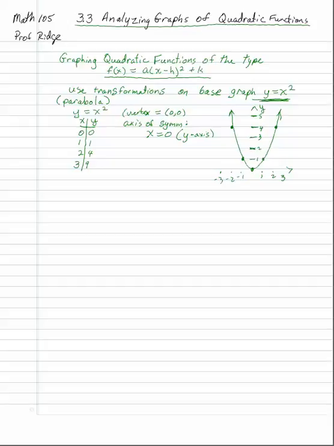So now if we want to do f(x) = a(x - h)² + k, it's going to move our base graph h units horizontally and k units vertically.